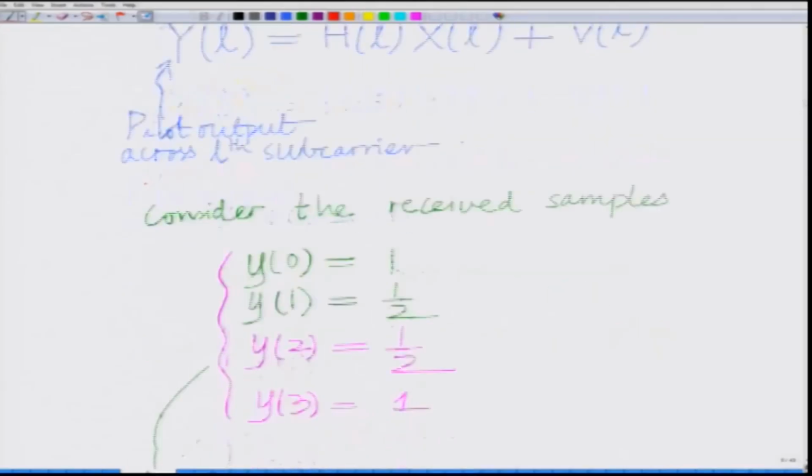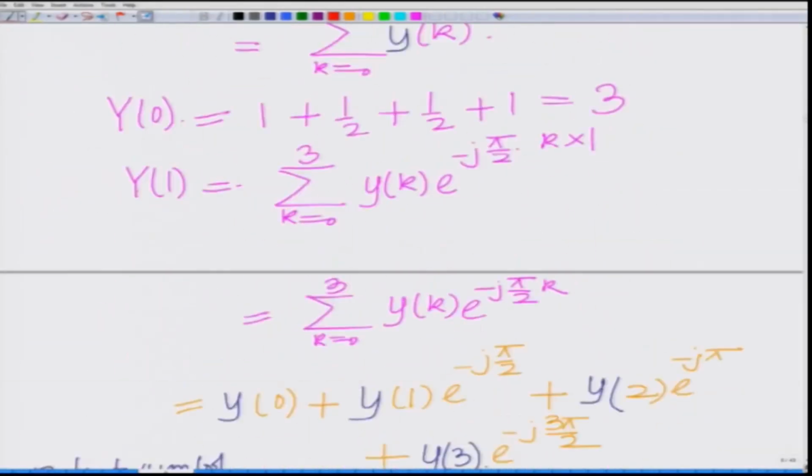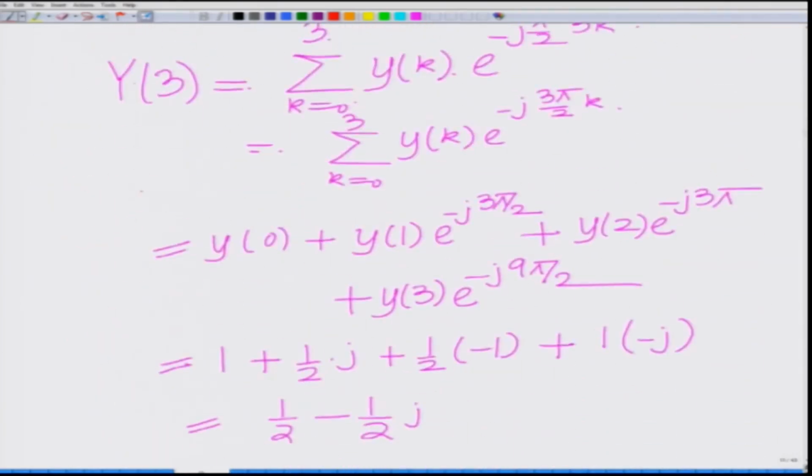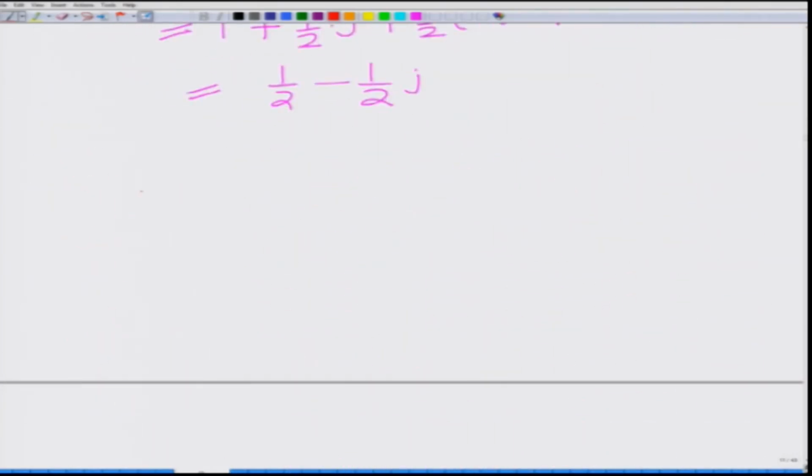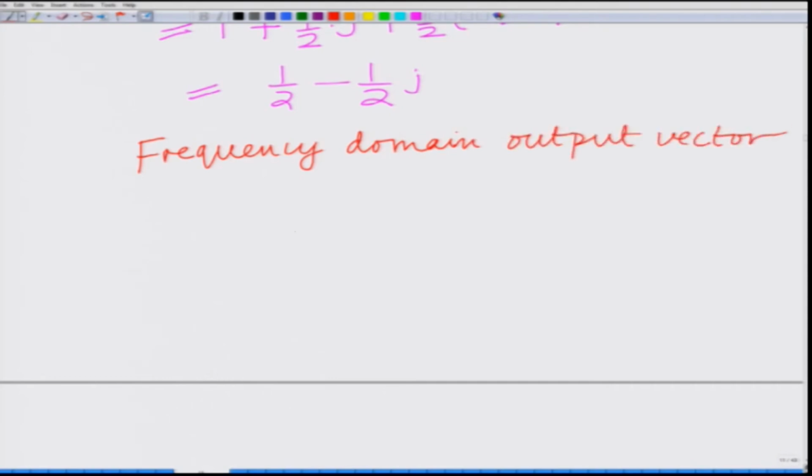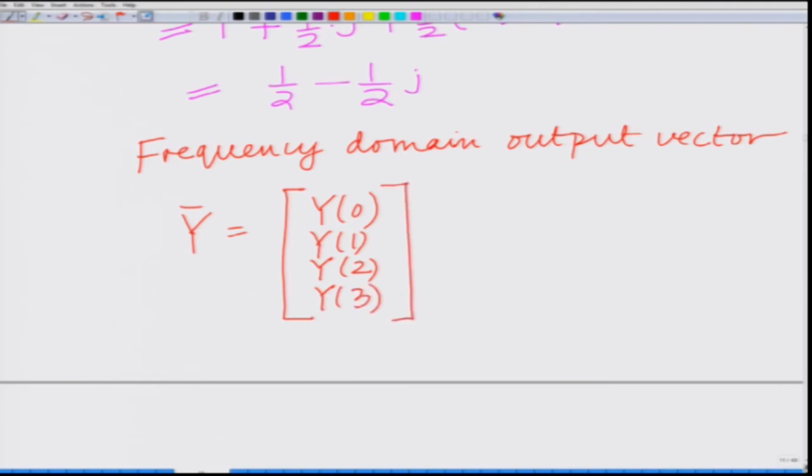Alright. So, now we have found the corresponding frequency domain output symbols, capital Y0, capital Y1, capital Y2, capital Y3, and therefore the frequency domain output vector comprising the symbols received across the subcarriers is Y bar equals Y0, Y1, Y2, Y3.